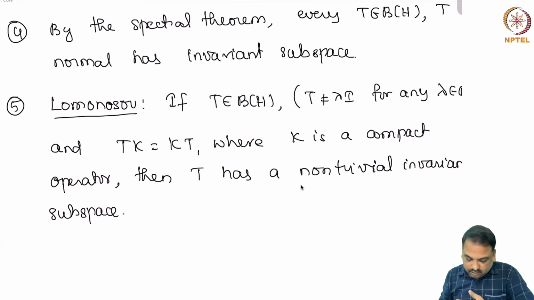The result proved by Lomonosov is more powerful than the invariant subspace statement, because it is saying the existence of an invariant subspace for an operator which commutes with a given compact operator. Such a space we call a hyperinvariant subspace.